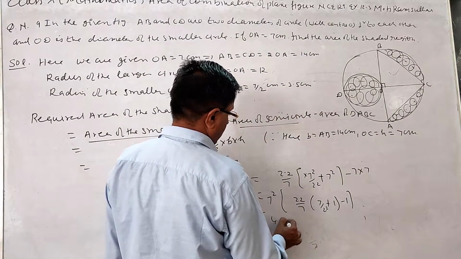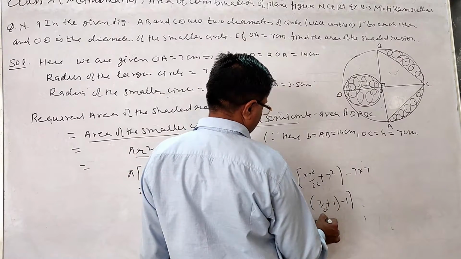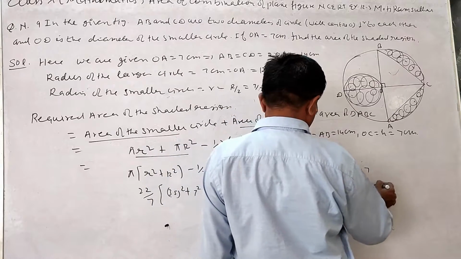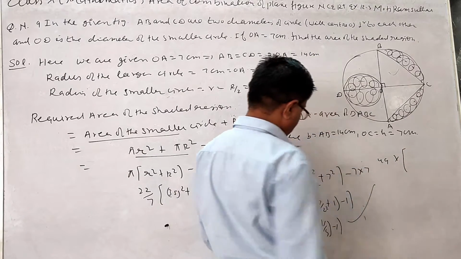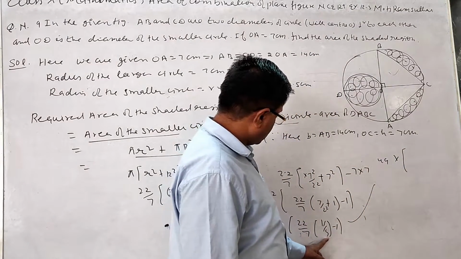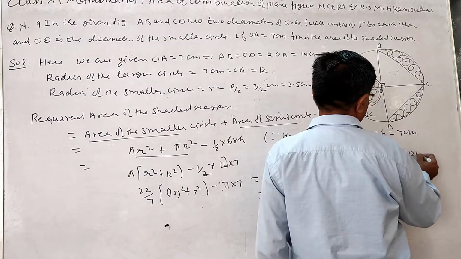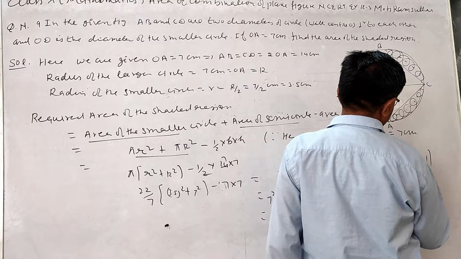So this is 49, 22 by 7. This is 4, 11 by 4 minus 1. So calculate this one, 49 into, now 22 and this is 4, that 11, 121 upon 14 minus 4. So you can easily calculate this one.